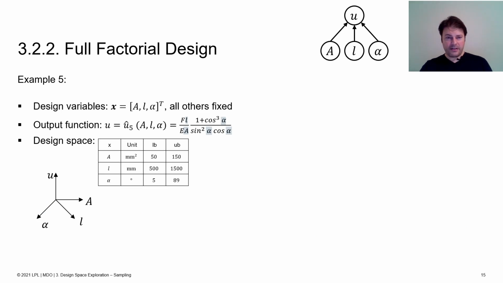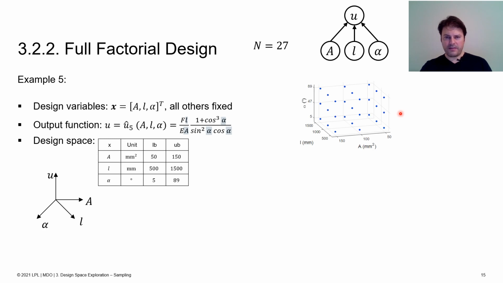Let's look at the full factorial design of a 3-dimensional problem now. In particular, one where we choose the cross-sectional area, the reference length L, and the angle alpha as design variables. And remember, that was the first example when we said formula analysis is already pretty difficult.